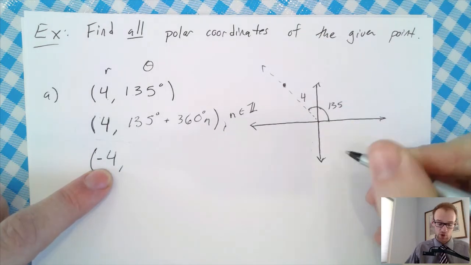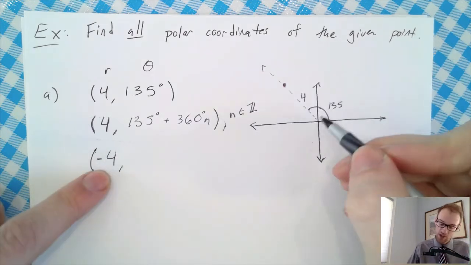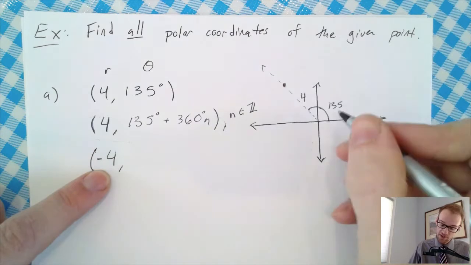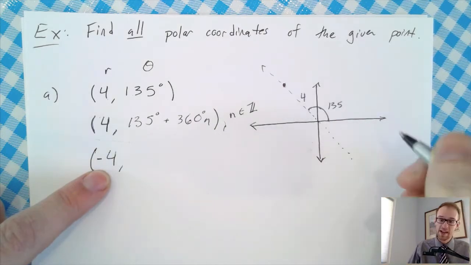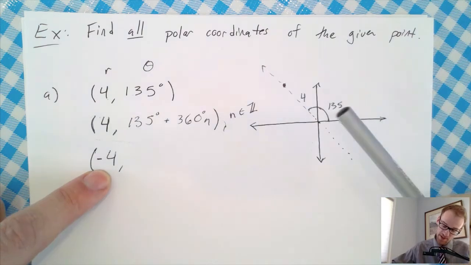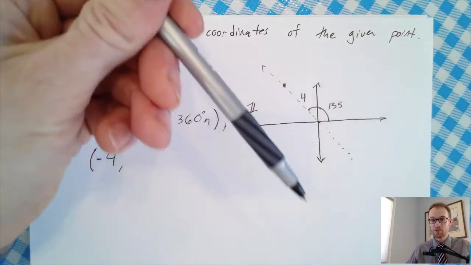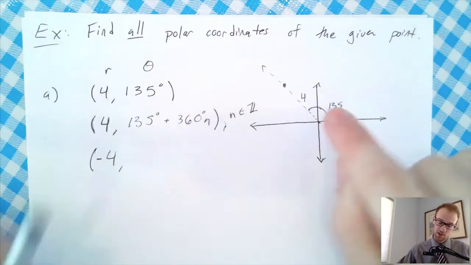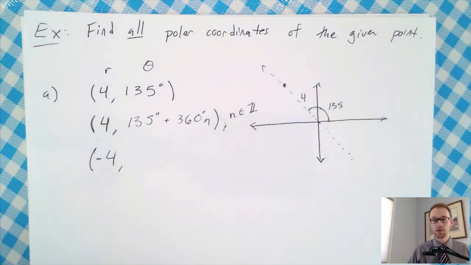So how can I use a radius of -4 and end up here? Well, if my theta faces me in this direction, and then I have a radius of -4, I'd be facing this way, but then my radius would be sending me that way 4 units, which would land me right at that same point. Hope that makes sense.